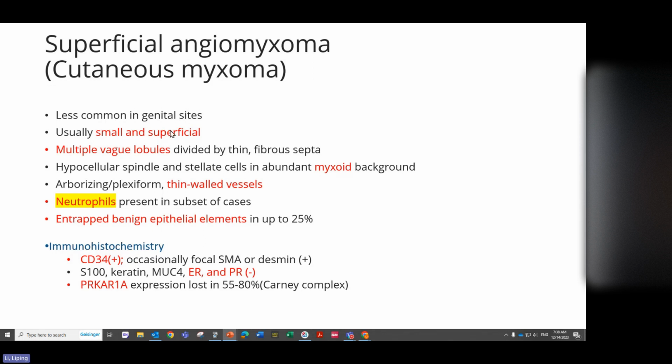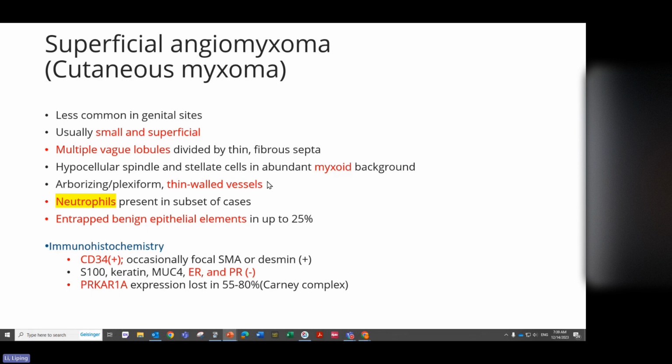And then characteristic is even in low power, we know this is not deep angiomyxoma because in low power we will see vague lobules divided by fibrous septae. Then this one we can see through myxoid background because we can see blue.